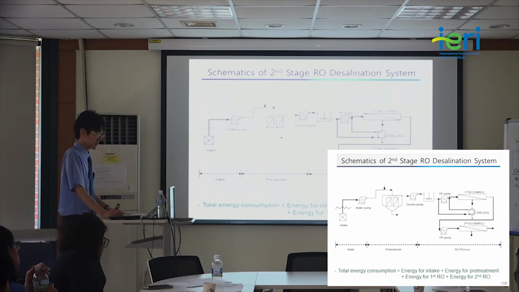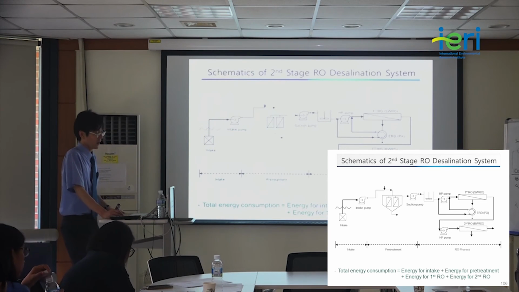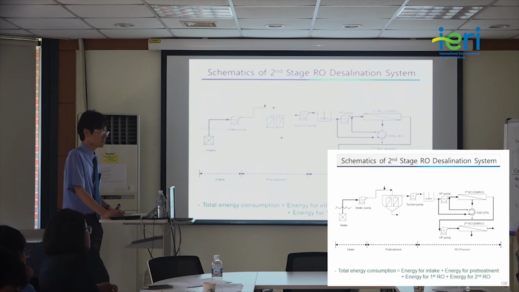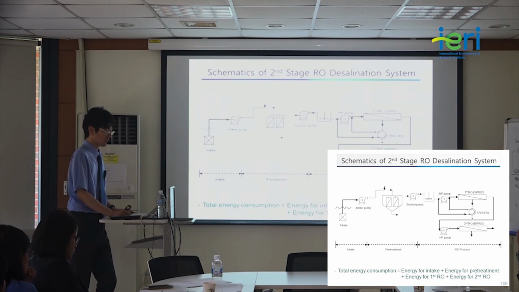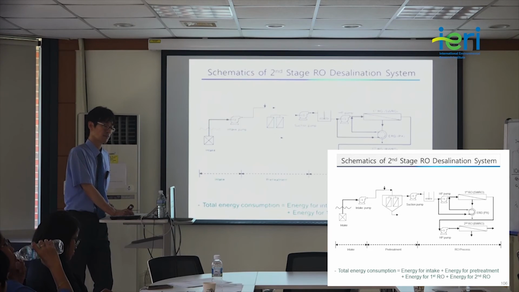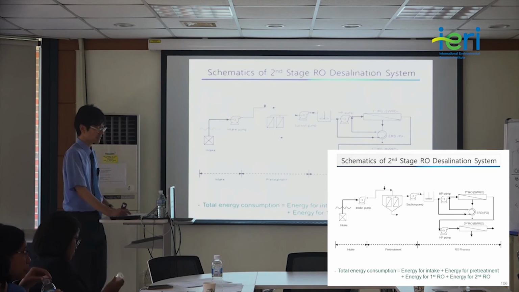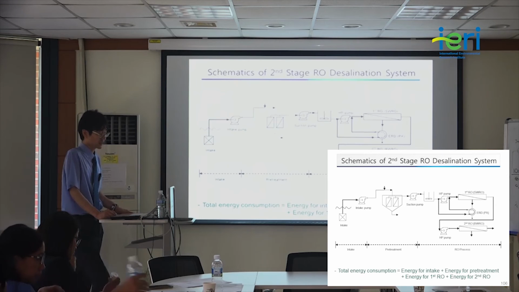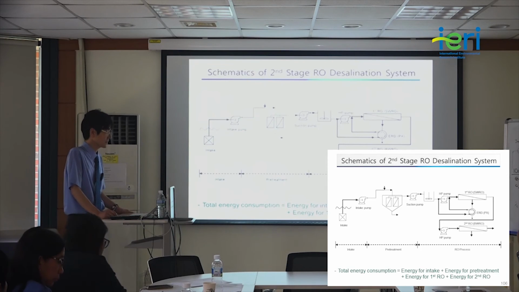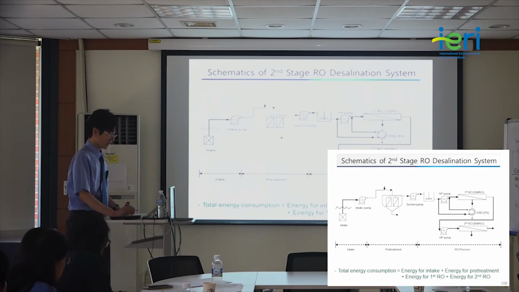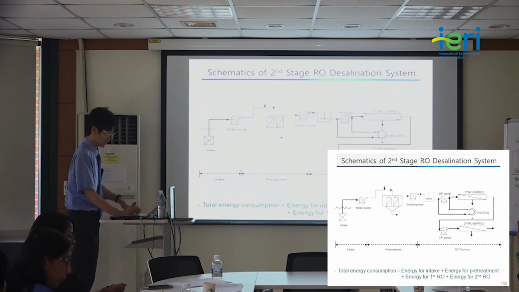That kind of thing can be done by introducing some theoretical models. Since this is the last part, I want to talk about some more theories about the prediction of the reverse osmosis membrane plant, which allows the prediction of this specific energy consumption. So that's another thing that I want to explain here.